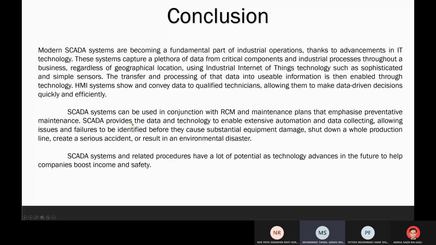SCADA provides the data and technology to enable extensive automation and data collection, allowing issues and failures to be identified before they cause substantial equipment damage, shut down a whole production line, create a serious accident, or result in an environmental disaster. SCADA systems and related procedures have a lot of potential as technology advances in the future to help companies boost income and safety.